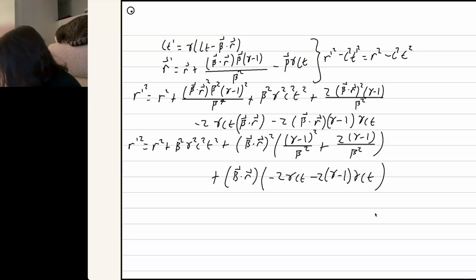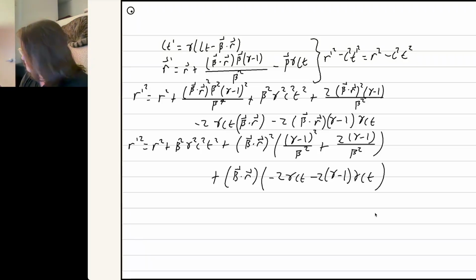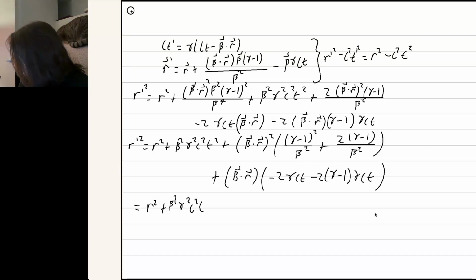Both of those terms inside the parentheses can be simplified. So r squared plus beta squared gamma squared c squared t squared. We're going to factor out a beta squared from this term here.